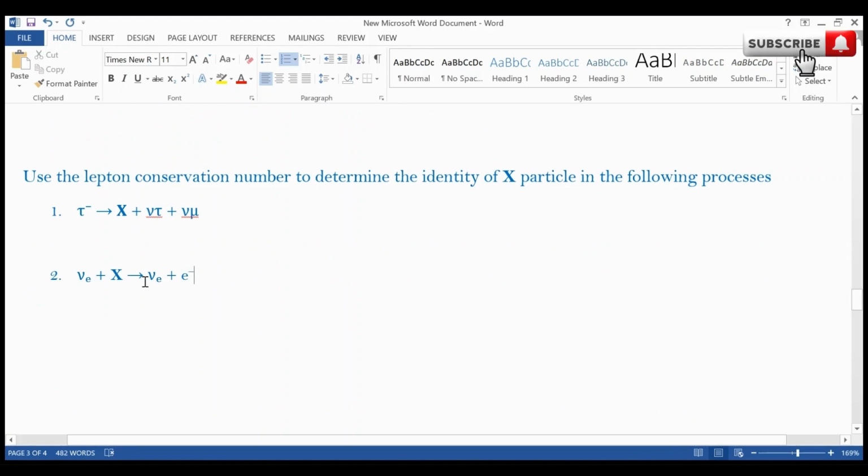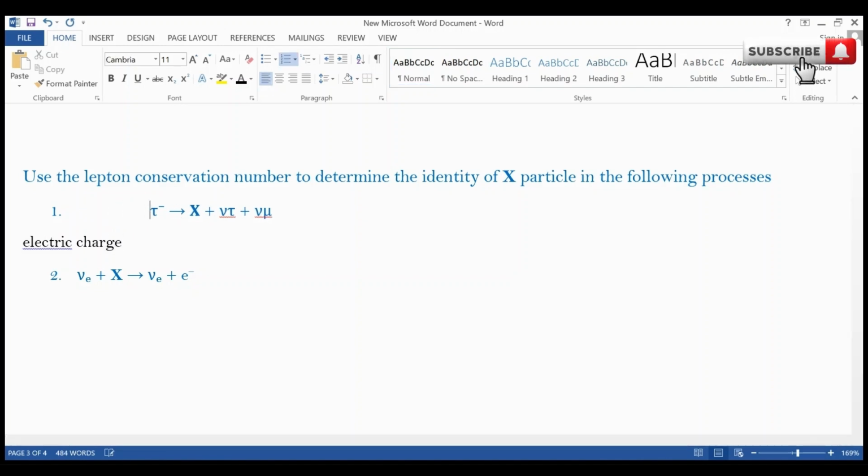We have another type of problem, that is, use lepton conservation number to determine the identity of the X particle in the following process. Here we have to find out the identity of this X particle by using the law of conservation of electric charge and lepton number. Starting from the law of conservation of electric charge, for tau it is -1, it belongs to the lepton family.